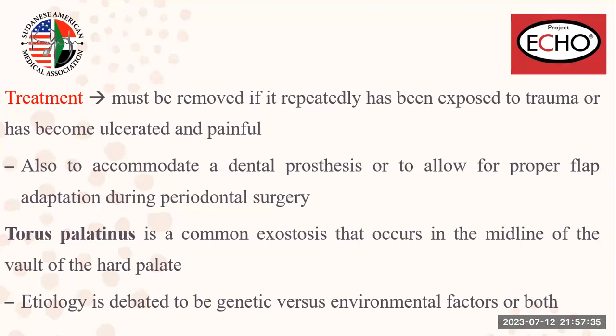So torus palatinus is an exostosis that appears in the midline of the vault of the hard palate. The etiology is debated to be genetic versus environmental factors. Some scientists say it's both these factors together, but we don't have a conclusive etiology.